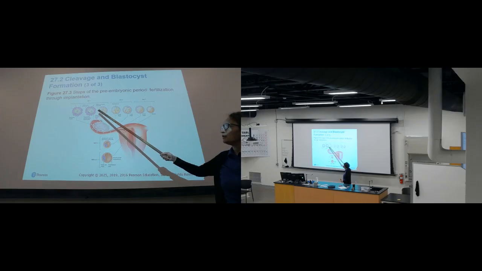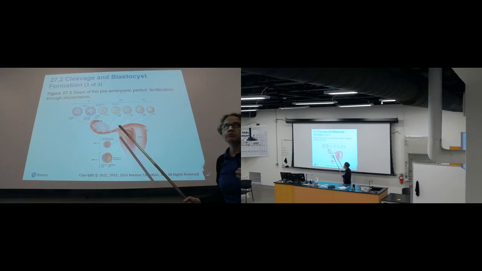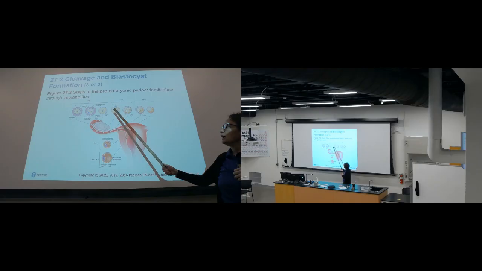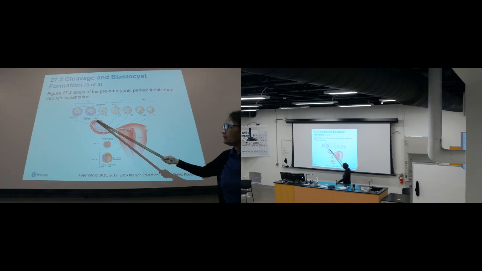So since you had 23 chromosomes in each gamete, you complement the diploidy, which means that you have 46 chromosomes. And now this structure is going to be called the zygote. And look at how it all happens in this region.